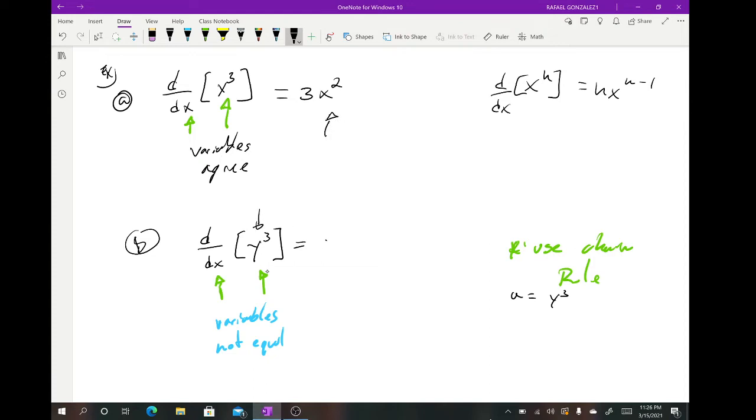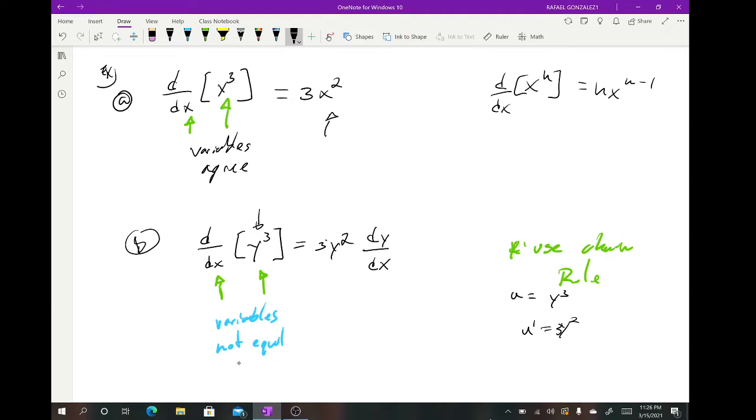So instead of writing y cubed, I'm going to write the derivative of it, which is 3y squared. But now I'm going to multiply by u prime. And here, u prime is not going to be 3y squared again. That's clearly the derivative of u. What we're going to do is write dy dx.